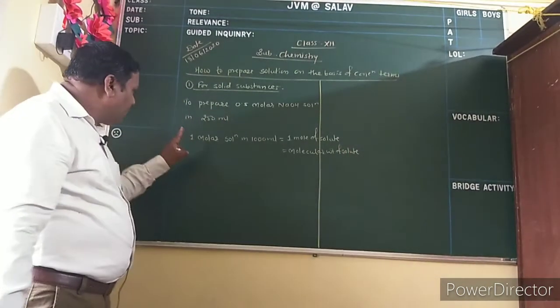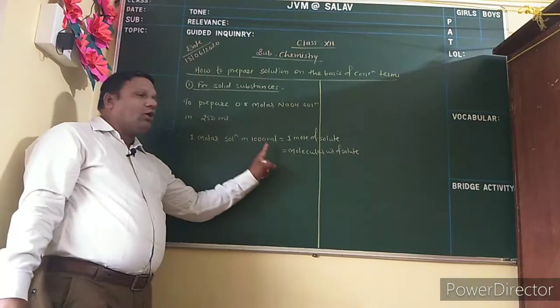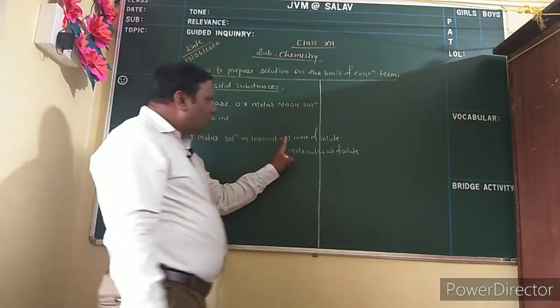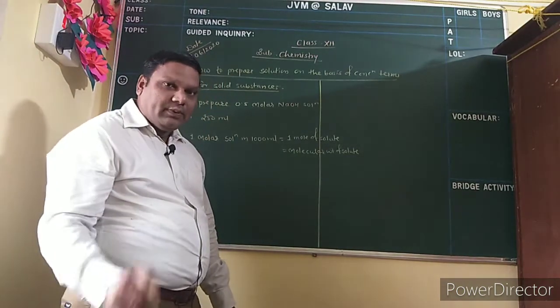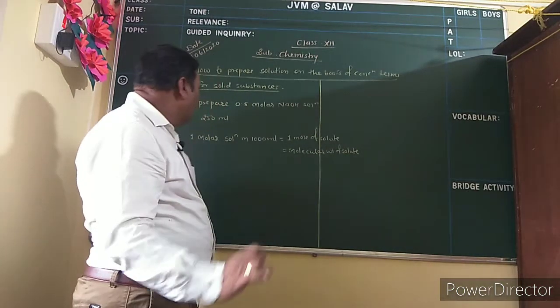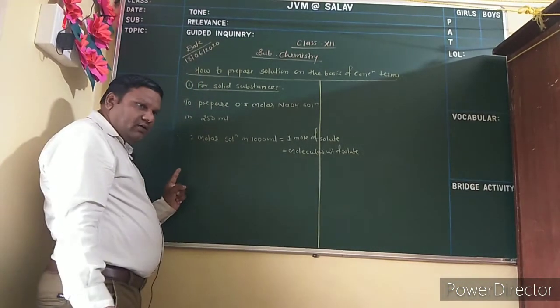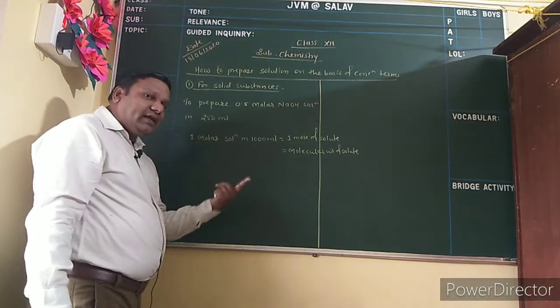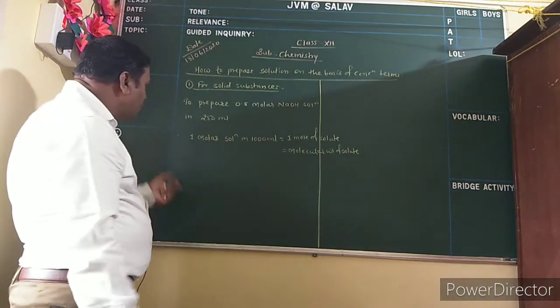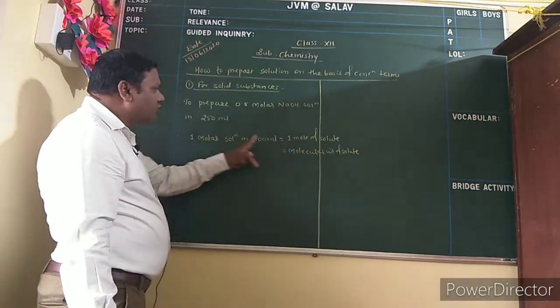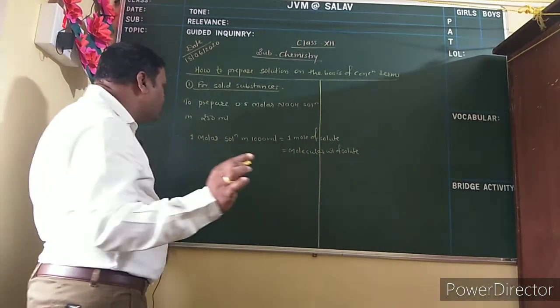Simply, if you have to prepare a 1 molar solution in 1000 ml, you have to take 1 mole of solute in 1000 ml. Then the molarity will be 1. Is it clear? Molar and molarity, and molal and molality.